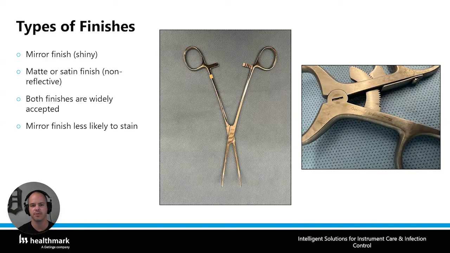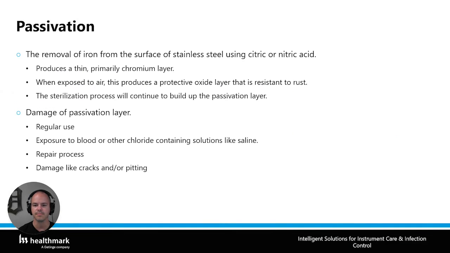Working in the operating room, having a shiny or mirror finish can sometimes reflect the light into the eyes of those who are either performing the surgery or helping perform the surgery. So generally speaking, that matte or satin finish is preferred for use, but mirror finishes tend to hold up better against corrosion. So those are some things to know about the different finishes.